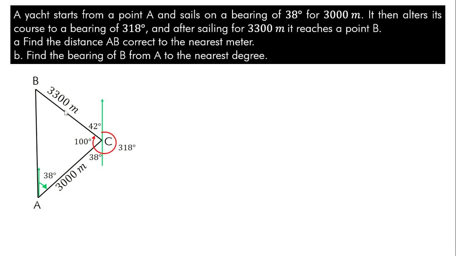Given that we are going to identify the length of AB, let's use the side angle side here. We have the side, we have the angle, and then we have the side.